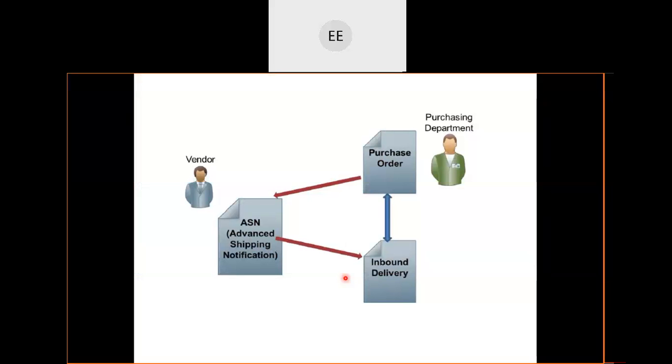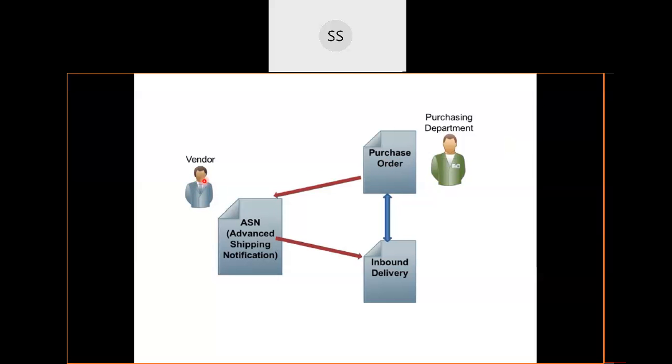Yes. Okay, good. So what happens in real time in most businesses or with most clients: their purchasing department creates a purchase order, and this purchase order is sent via email or some other EDI to the vendor.